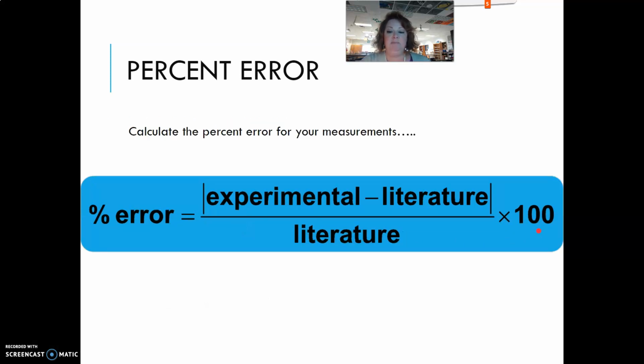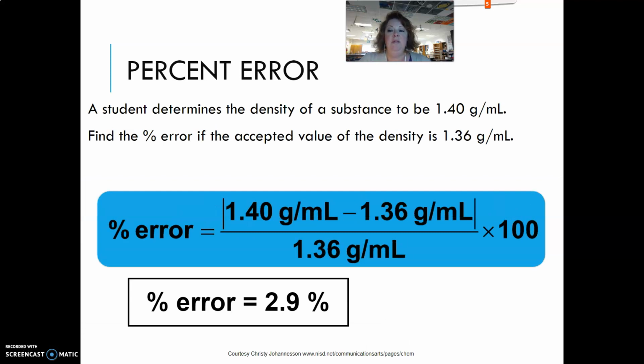So let's look at an example. A student determines the density of a substance to be 1.40 grams per milliliter. Find the percent error if the accepted value of the density is 1.36 grams per milliliter. Well, number one, we can say that they're not accurate. We don't know enough information to see if they're precise, how many times they measured it.